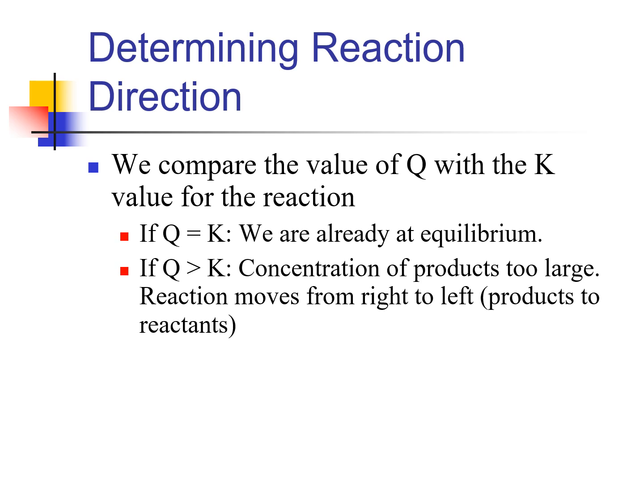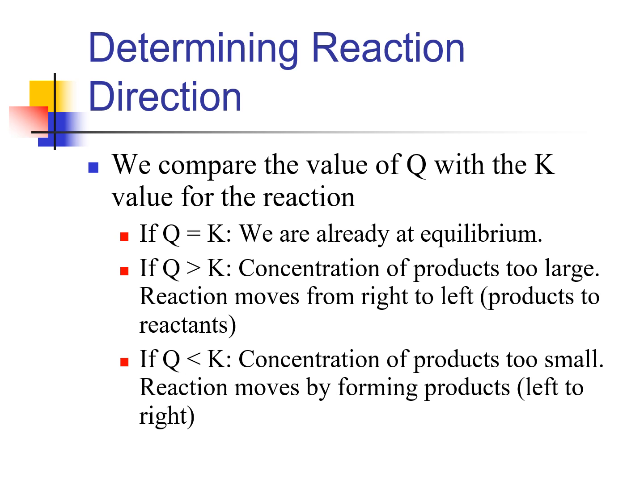That means your products are too much. So you have too much product, so the reaction is going to move from right to left, meaning you're going to make more reactants. Likewise, if your Q is less than K, that means your Q is too small. That means your bottom number, your reactants, are too big. So you're going to use up reactants and make more products.